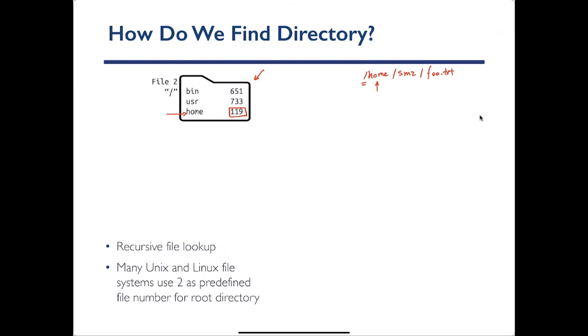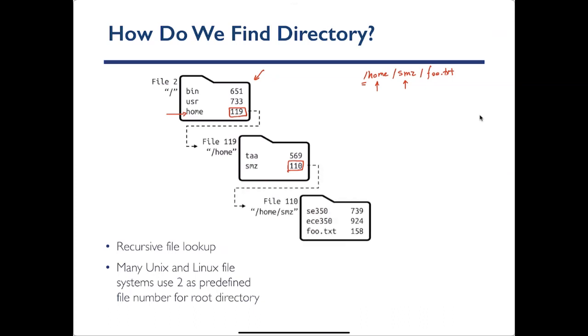Now that we have the file number for home, we can then go and open that file. So we open file 119. And now this time we're going to look for SMZ. Again, we search, we find SMZ, we find the file number for SMZ, and we open that file.